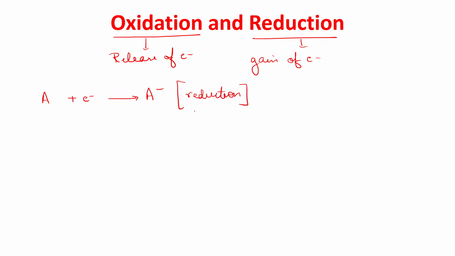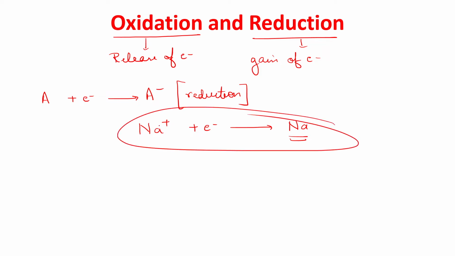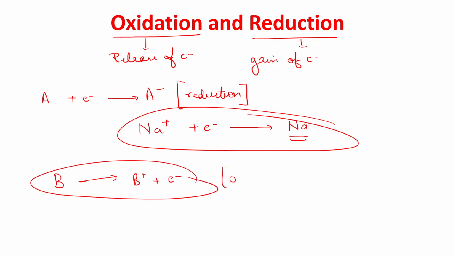An example of reduction could be a sodium ion gaining an electron to form sodium metal. The reaction written here is a reduction reaction, while oxidation is a reaction where B forms B positive ion and one electron is released. This process is called oxidation. There is a release of electrons.